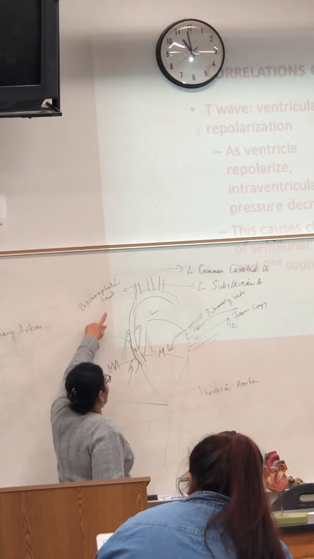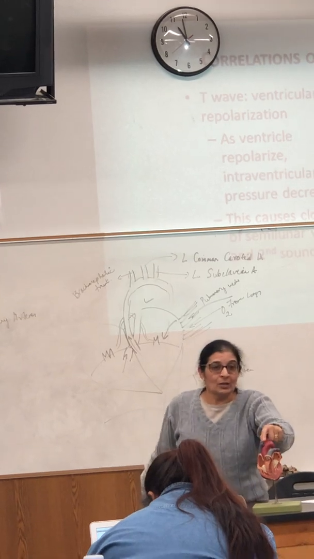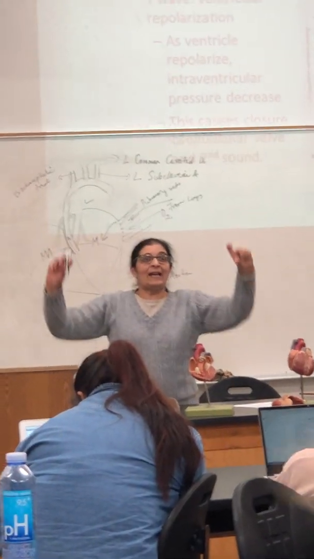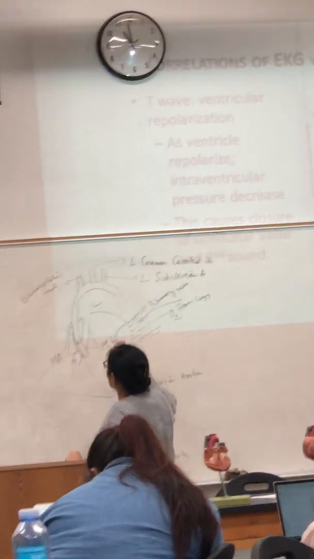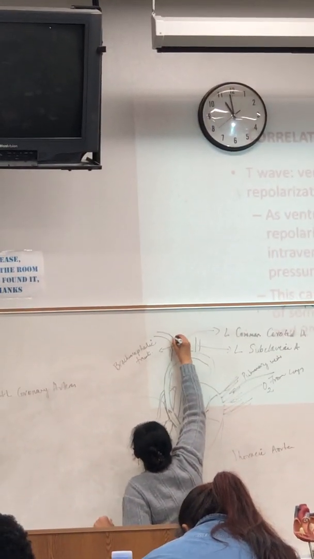This brachiocephalic trunk, which is this branch, will then divide into 2 parts. So it will branch and divide into 2 parts.